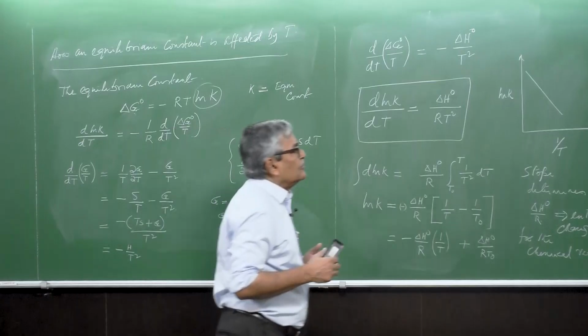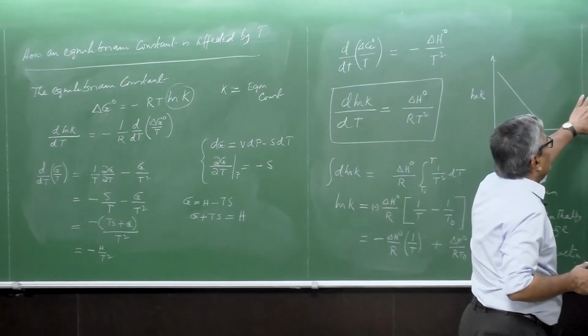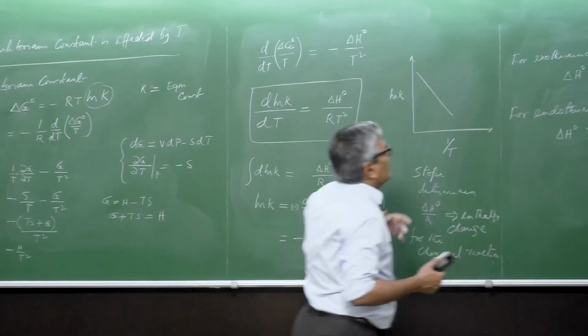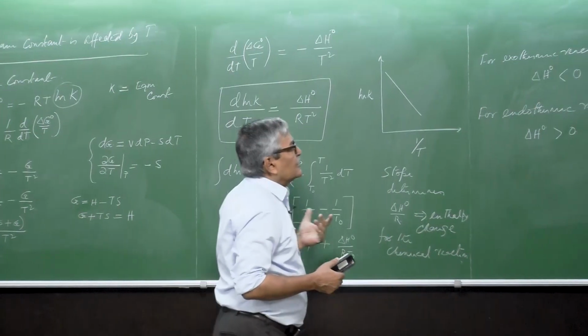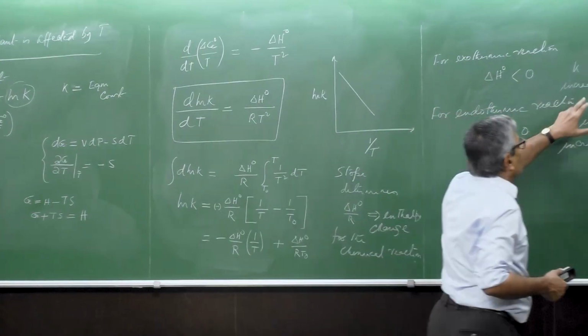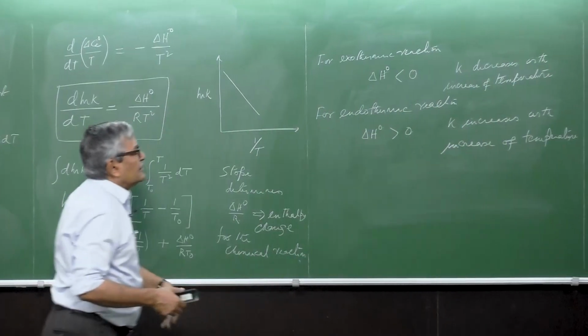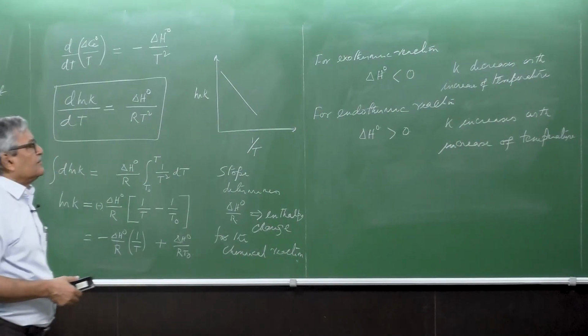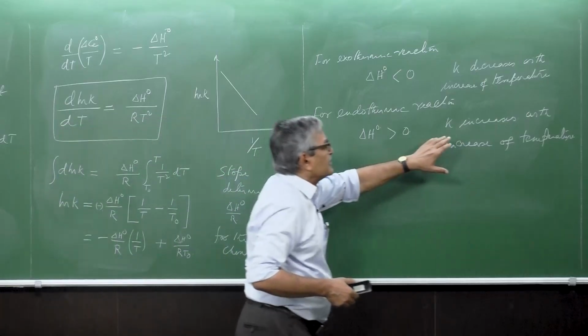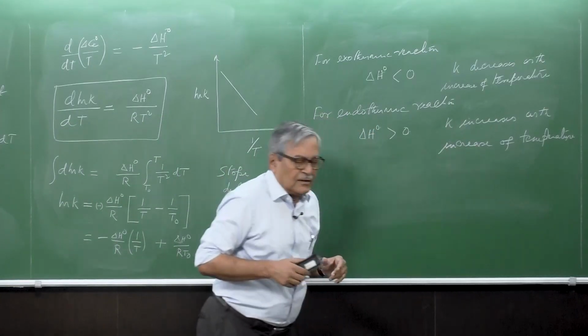That means if you have an exothermic reaction which produces heat, that will be opposed with the increase of temperature. That will not be favored. But for the endothermic reaction, it is always helpful if you increase the temperature.